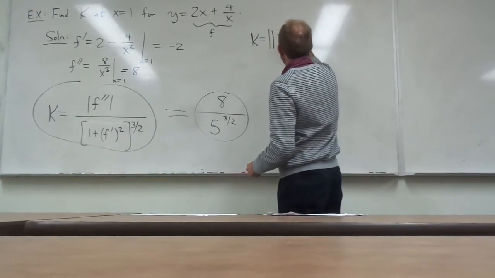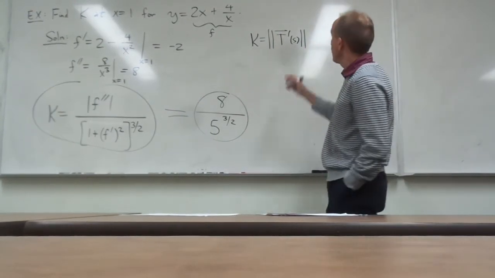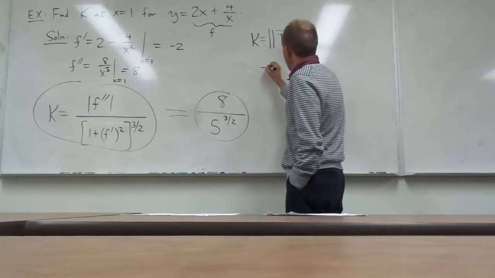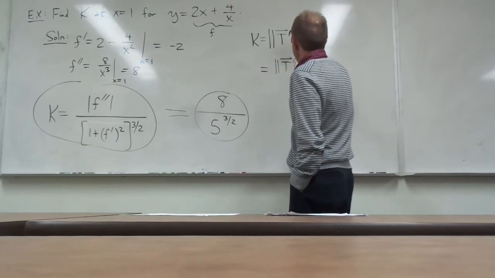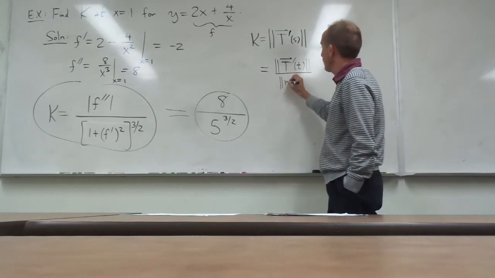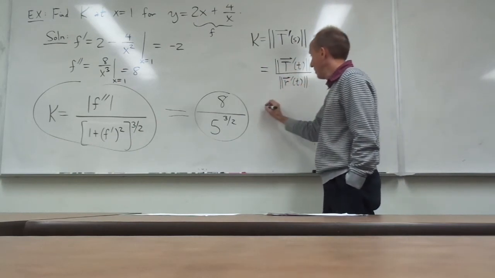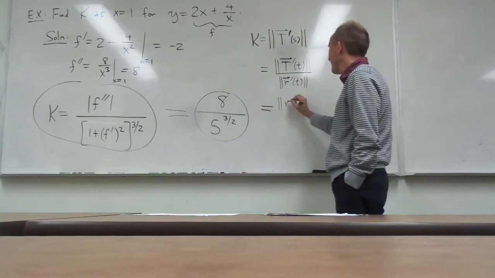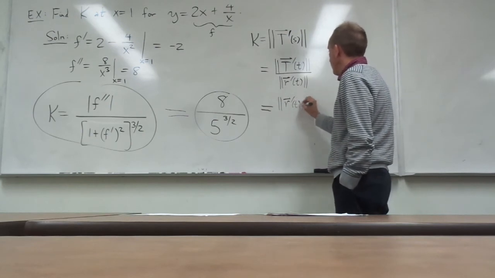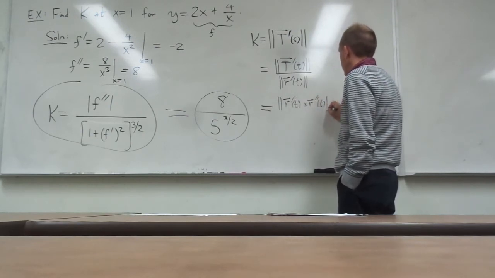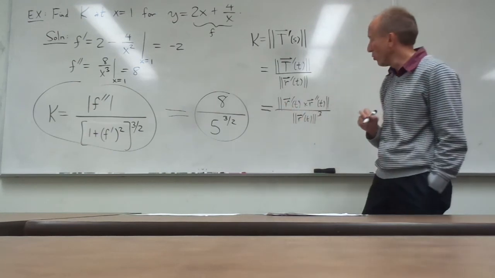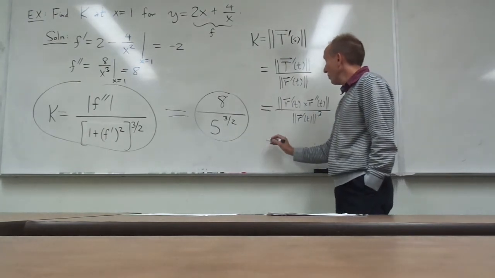We can simply take the magnitude of the derivative of the tangent vector with respect to s, or we can take the magnitude of the derivative of the tangent vector with respect to t, but then I have to divide it by the norm of r prime of t, or I can take the cross product of r prime of t with r double prime of t, and divide it by the cube of the norm of the first derivative.